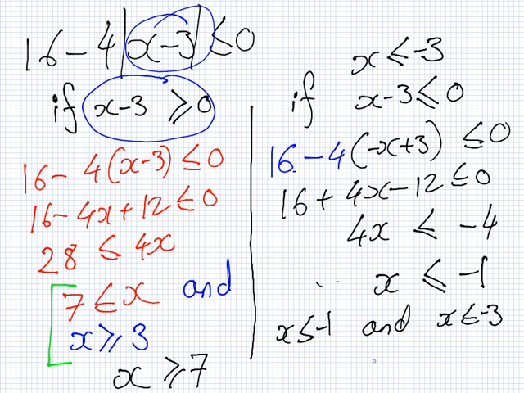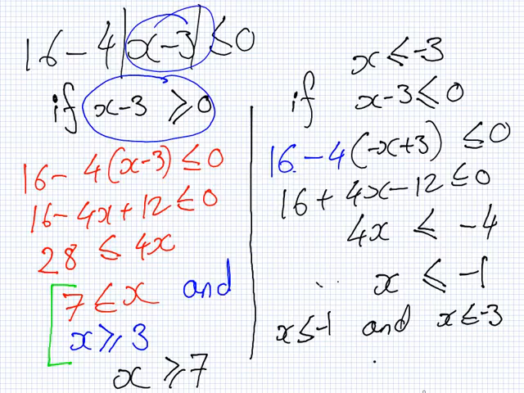You can say it's less than minus 1 only, can I? Are you sure? I want x to be smaller than minus 1 and smaller than minus 3. No, you cannot. It should be minus 3.